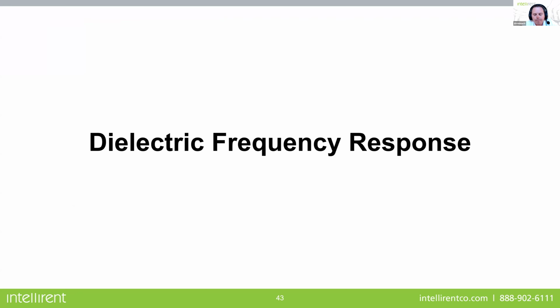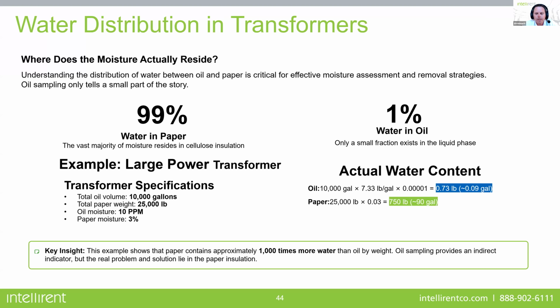This is a more modern test that really tries to narrow down the big question of how wet your transformer is. One of the big problems, and it's really challenging, is that a lot of the moisture in a transformer is in the paper. So everybody tries to take an oil sample and figure out and correlate how much water is in my oil to how much water is in my paper.